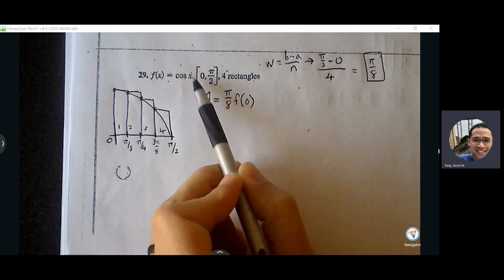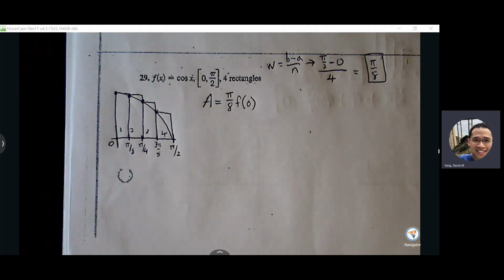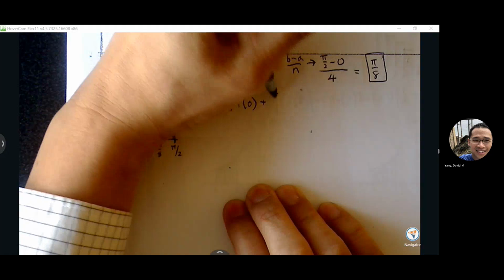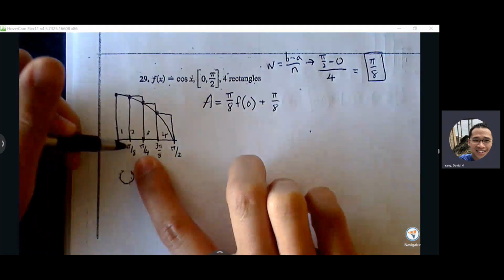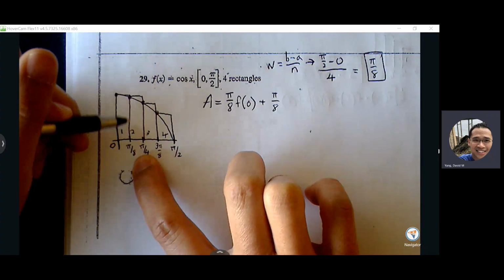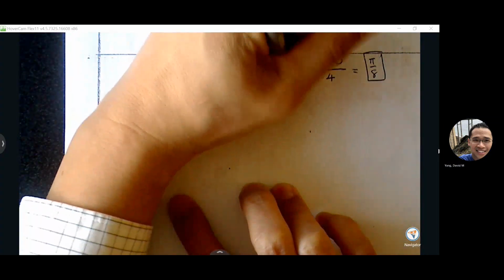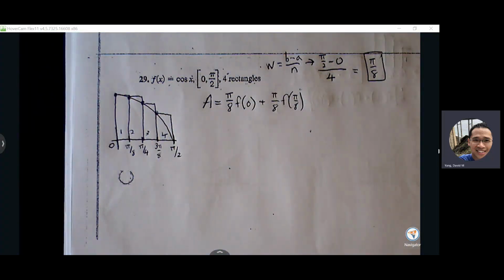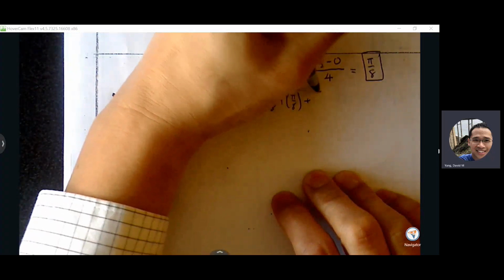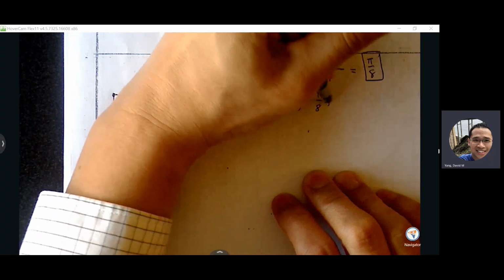We insert 0 into cosine to get that value, and that's our height. Then the second rectangle is pi over 8 times f of pi over 8, because f of pi over 8 represents the height of my second rectangle. Now, we could factor the pi over 8 out. I'm just showing the width and height for every term for now.